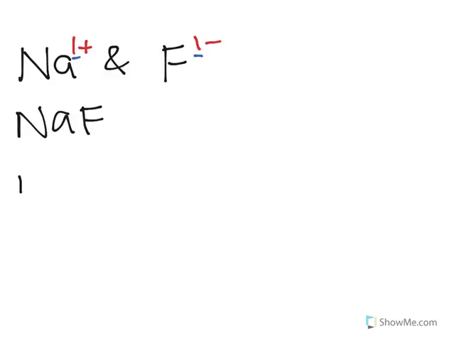Step number 1 in naming says name the metal. Well, underlined in red is our metal, so that is sodium. Make sure that if you don't have a periodic table handy, pause the video, grab a periodic table to make sure that you can find the names of these.